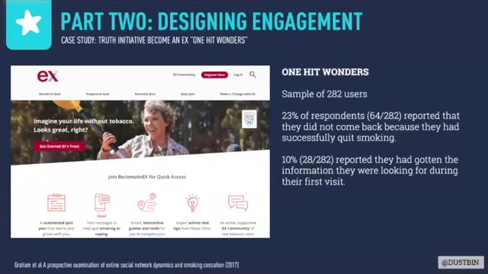But when you reach out and you find these people, as Truth did, a good proportion of those individuals that said they never came back or didn't come back did so because they successfully quit smoking, right? They also reported that not only did I quit, but I found what I was looking for within your intervention. That gave me what I need to go out and make the changes in the real world.